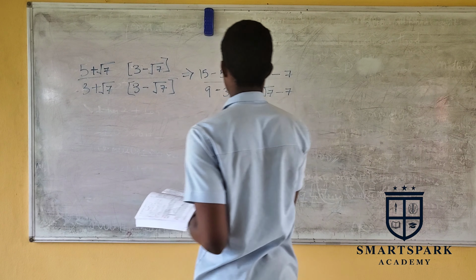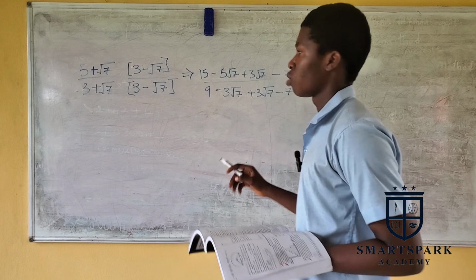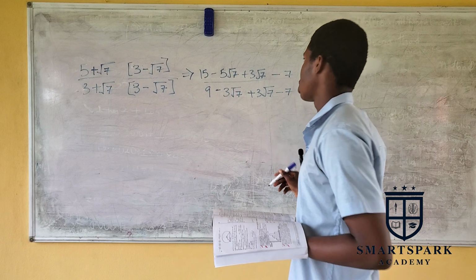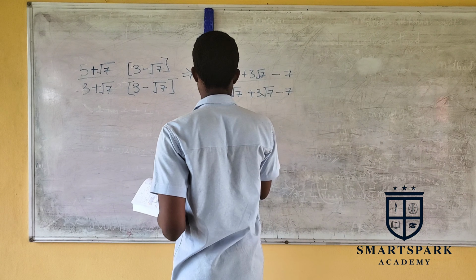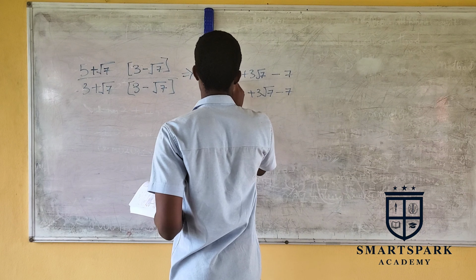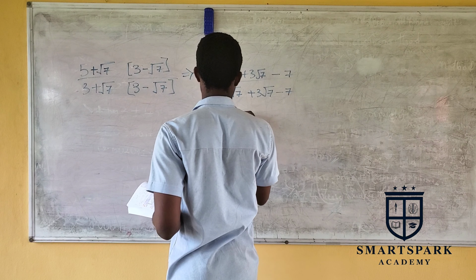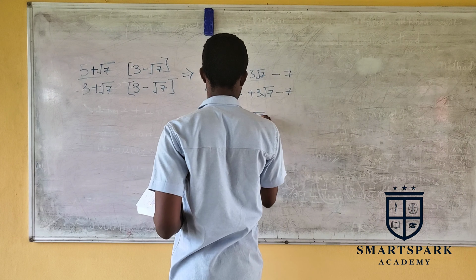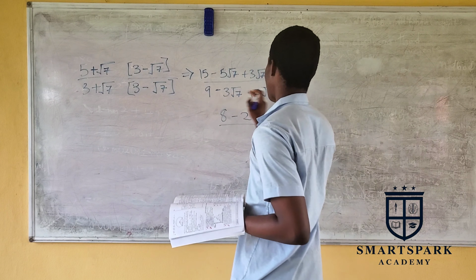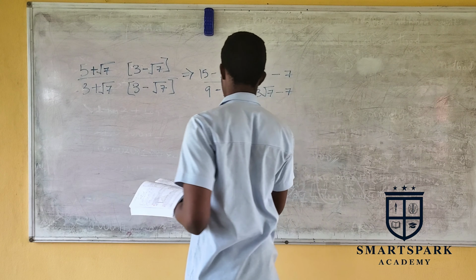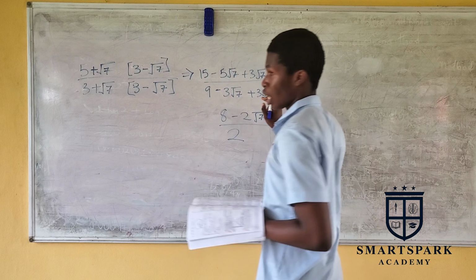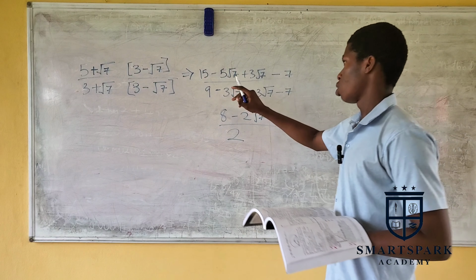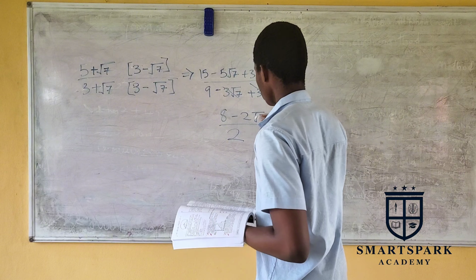Now we are going to simplify it. 15 minus 7, taking like terms, is 8. Minus 5 root 7 plus 3 root 7 is minus 2 root 7. Now 9 minus 7 is 2. And we can note that minus 3 root 7 and plus 3 root 7 cancel out.